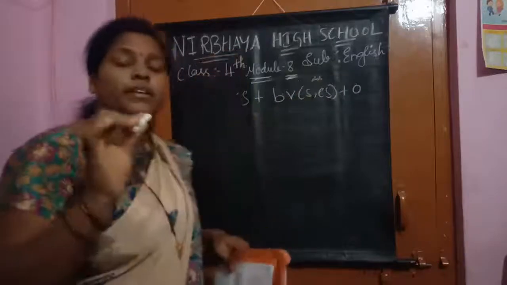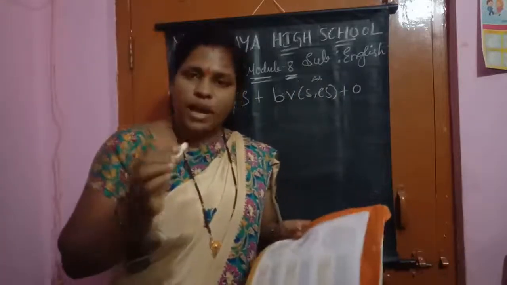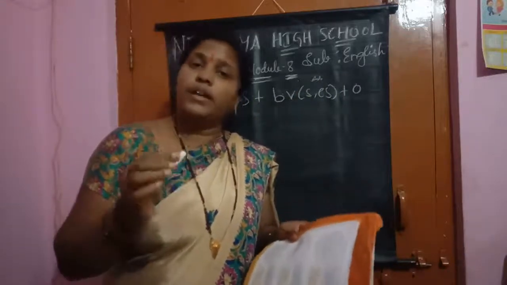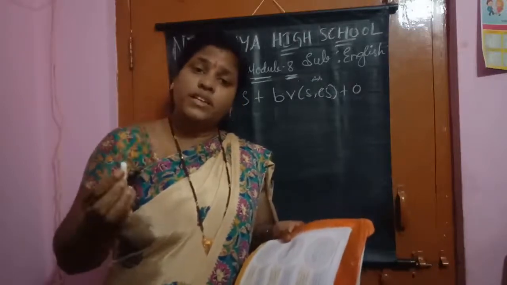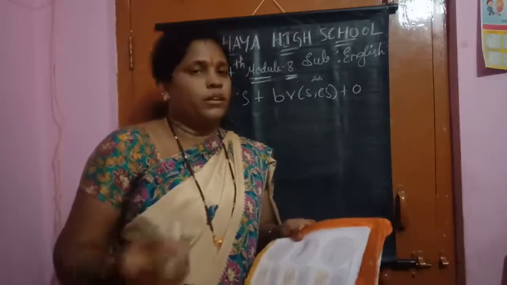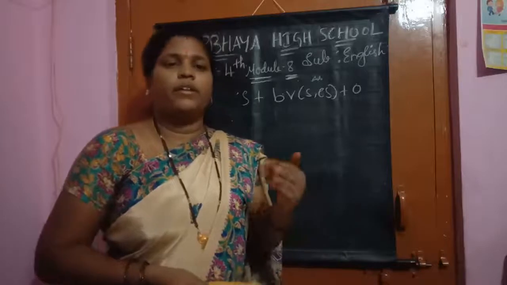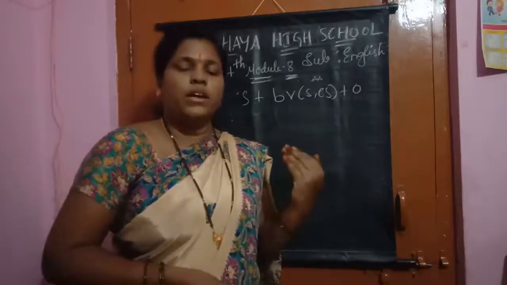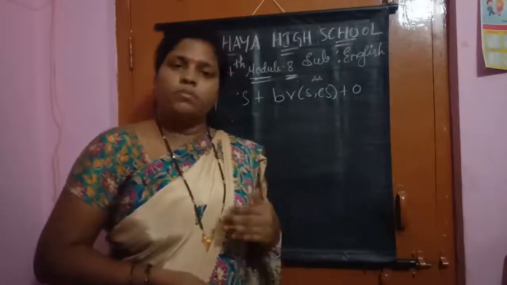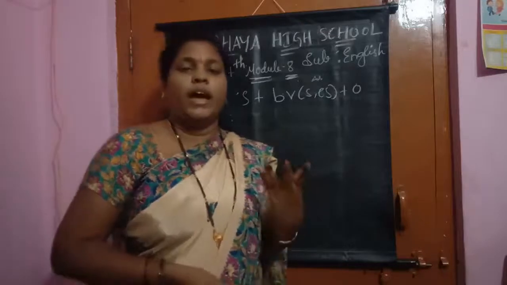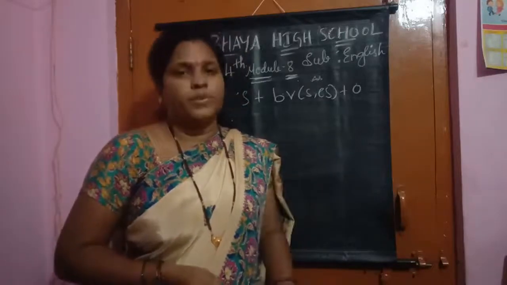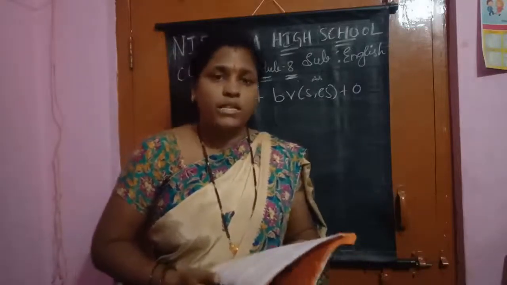Writing is an action. Write is an action, so it is an action word. Action word is a what? Verb. Skipping, writing, drawing, dance, write, go, come. These are all action words. Action words are called verbs. Understood, children?